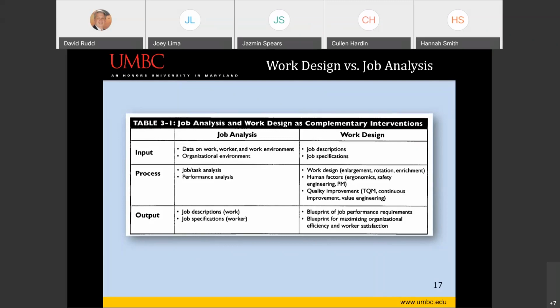And finally, under the output, as we just said, we already talked about the output for job analysis, the job description and specifications, whereas under work design, you have the blueprint for job performance requirements and the blueprint for maximizing organizational efficiency and worker satisfaction. So one way that I differentiate between job analysis and work design is that job analysis focuses on the person in the job, and work design is how that person performs the job. Okay, hopefully that makes it a little bit clearer.